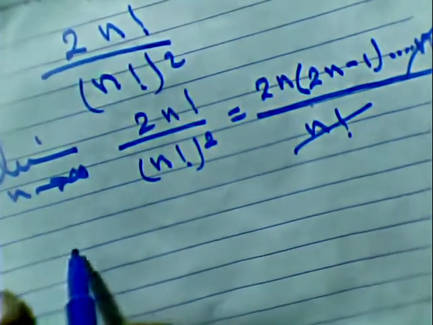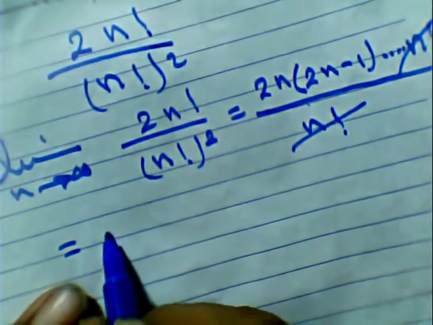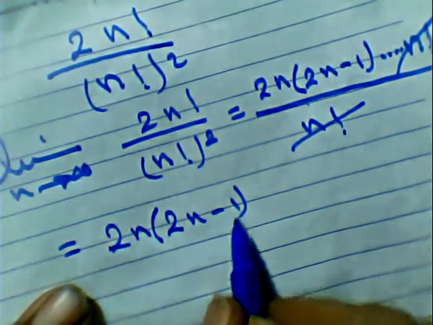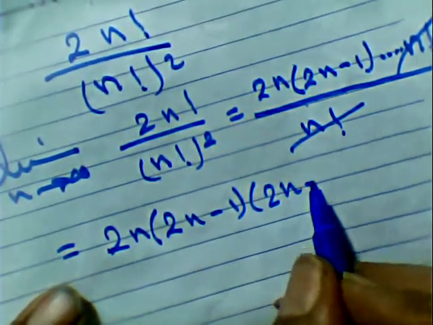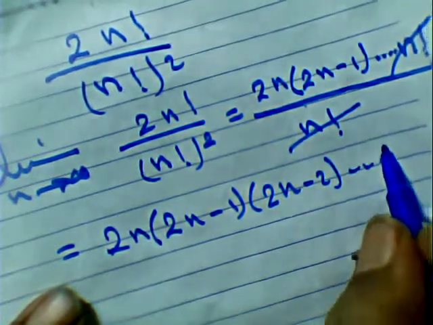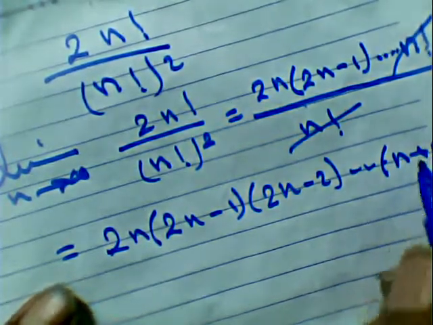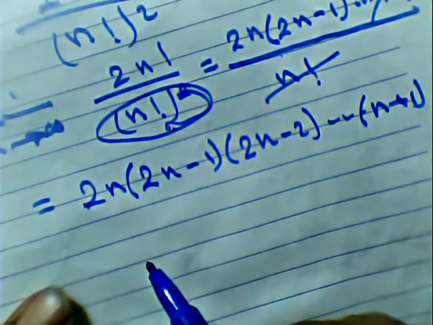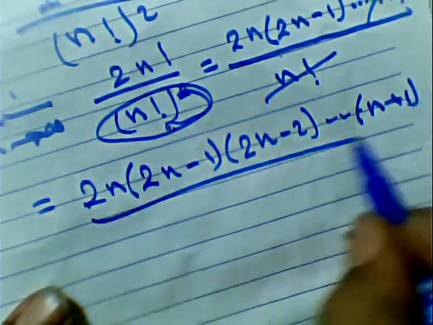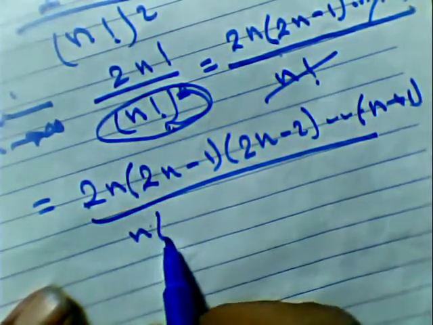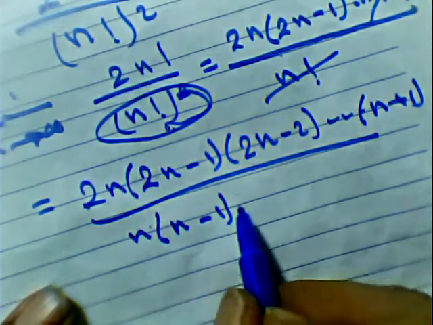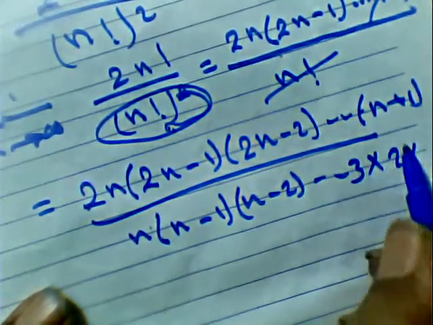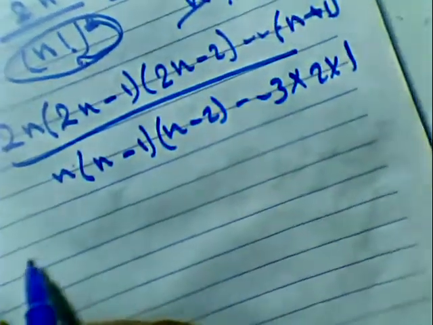Then it equals 2n multiply 2n minus 1 multiply 2n minus 2 down to n plus 1, over n multiply n minus 1, n minus 2, down to 3, 2, 1.